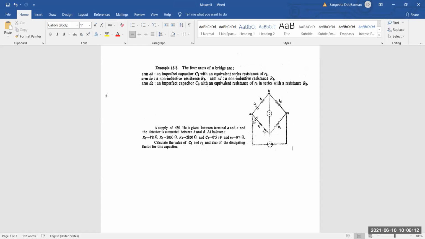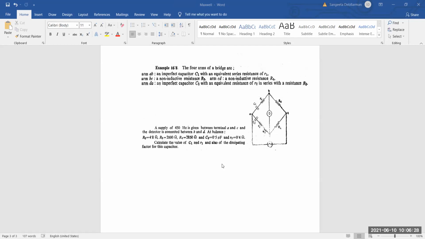Take down the question. 4 arms of a bridge, and you can see the bridge I have drawn here for you.